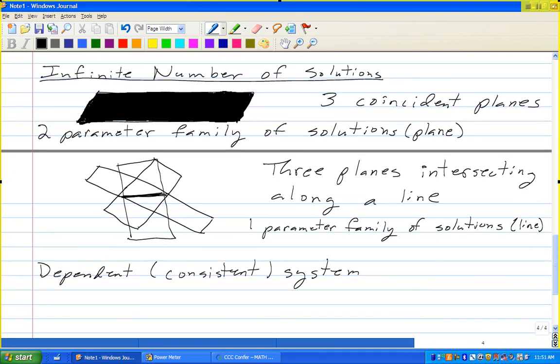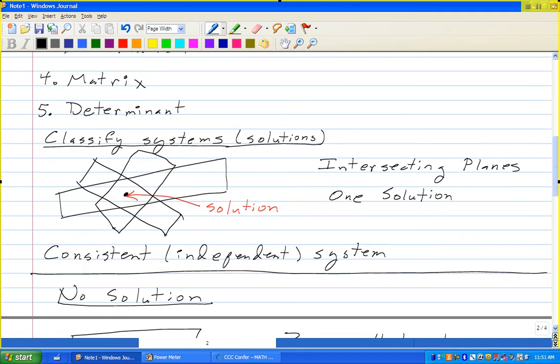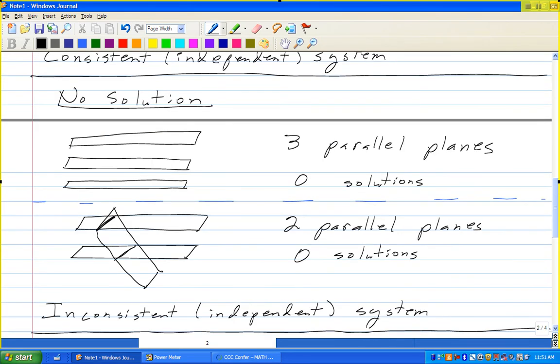And so notice for three equations, three unknowns, we had three different cases. We can either have no solution, the case of parallel planes.